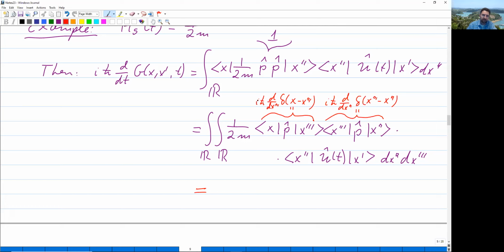This one becoming a minus i h bar because of the integration by parts. Minus i h bar times minus i h bar gives us a minus h bar squared. So we have here a minus h bar squared divided by 2m. Then as I said, the integrals will be gone, the Dirac deltas will be gone. And we have a d squared by dx squared acting on this, right? Acting on x u hat of t x prime.